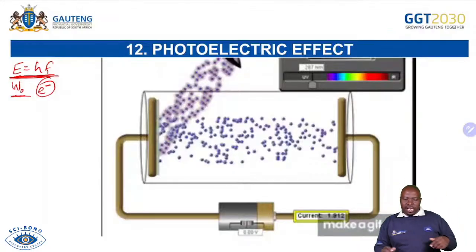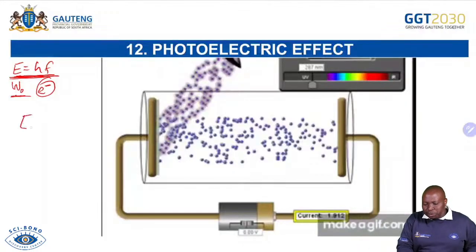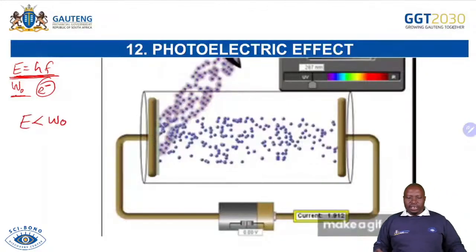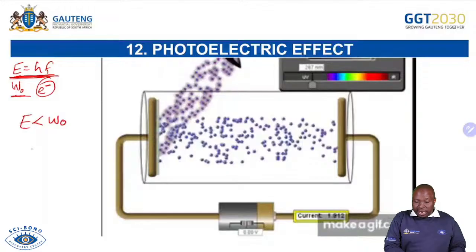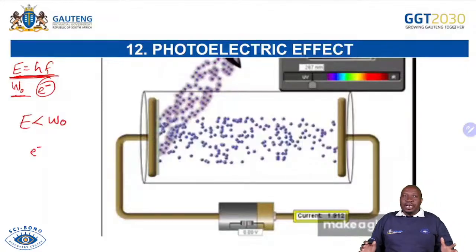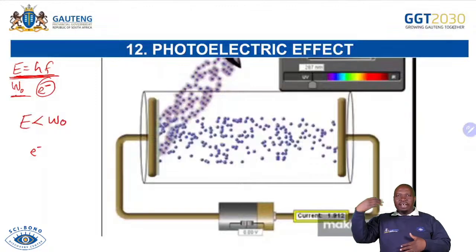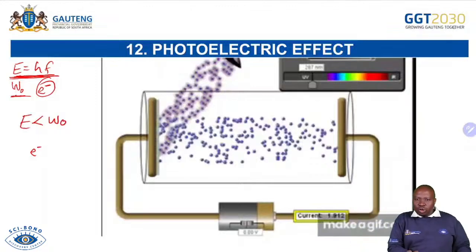So we always check: if the energy being provided is less than the work function, the electrons will gain energy and there might be vibration as the electrons move from a lower energy level to a higher energy level, but electrons won't be ejected from the metal surface.